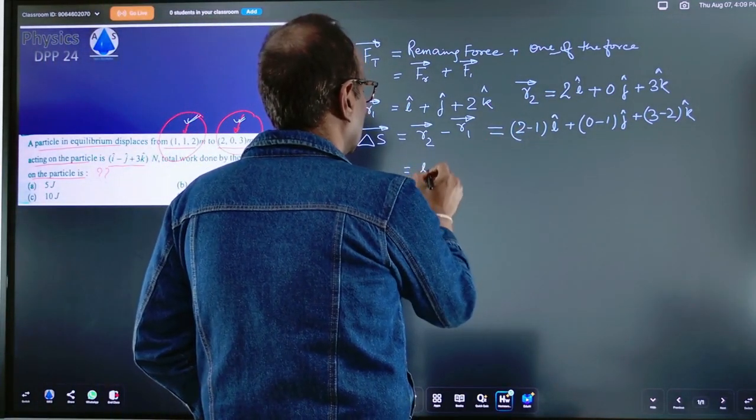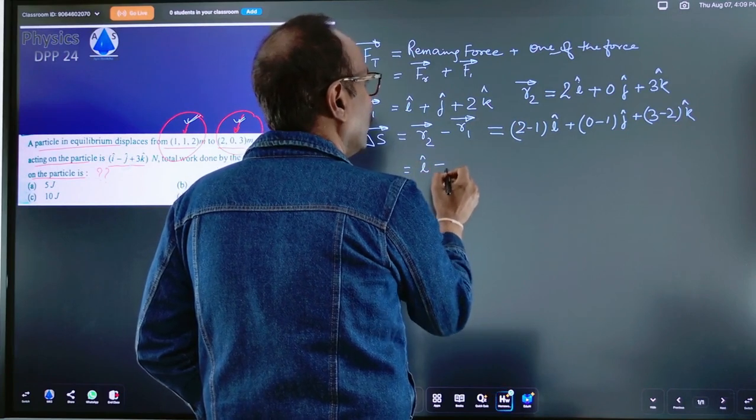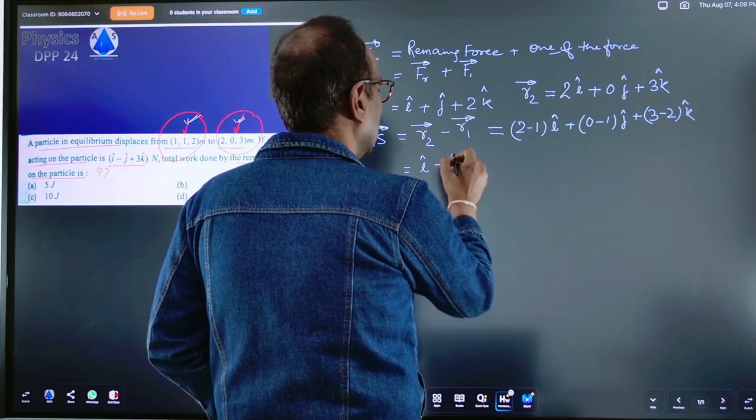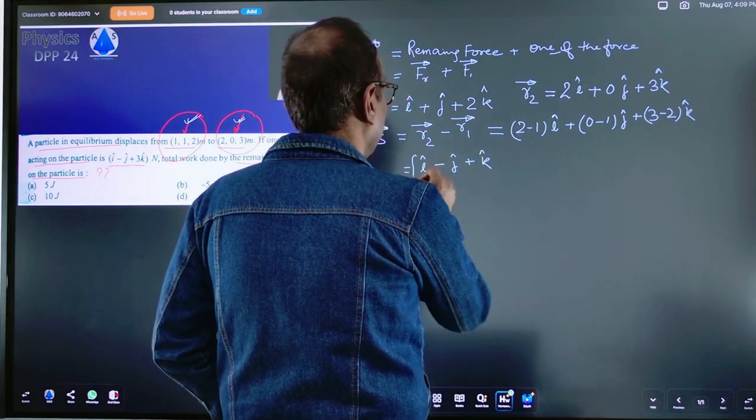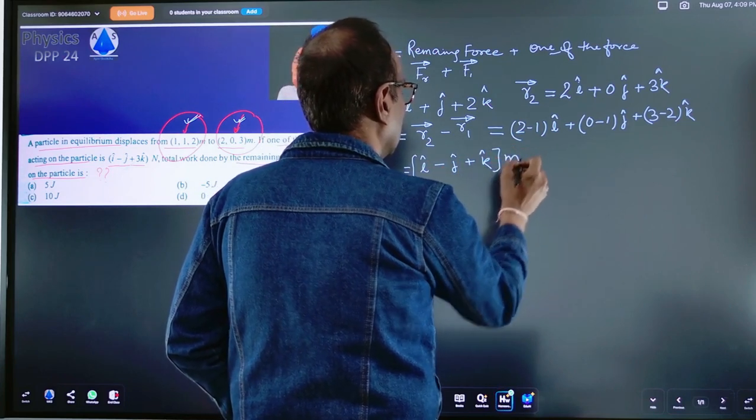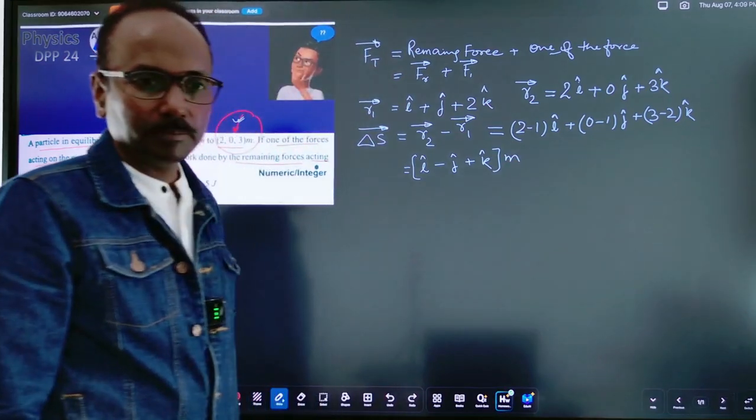That is i cap minus j cap plus k cap meter. So this is your displacement of the particle.